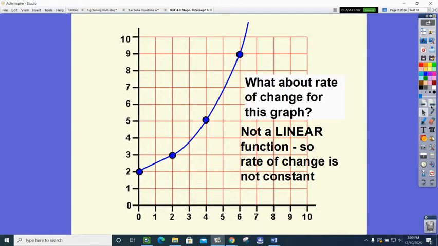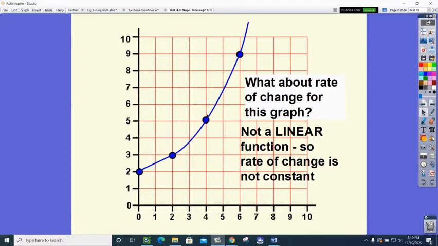So before we get to that, I want you to look at this graph, and you can notice that the rate of change, or the slope, changes. So if we look between these 2 points, we have a rise of 1 and a run of 2. The slope is 1 over 2. But between the next 2 points, it's 2 over 2, or 1. Notice how the slope changes.